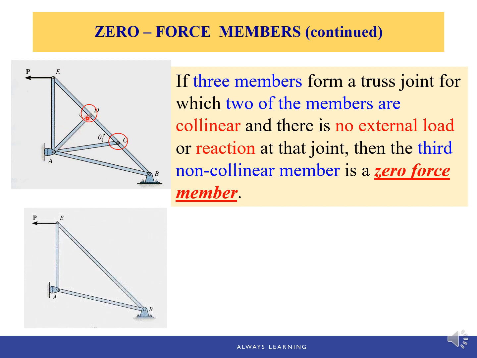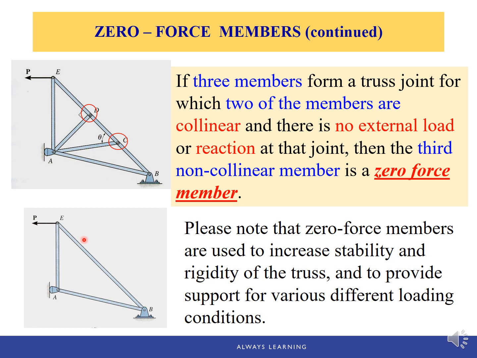So in this case, AD and AC are zero force members, and we can remove them from the structure to simplify the problem.